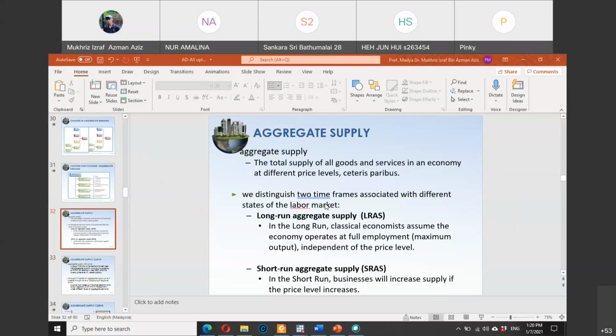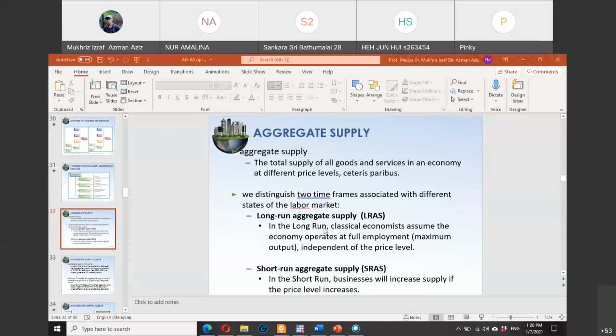But for the supply curve, we need to distinguish which one is the short run curve and which one is the long run curve. What is the shape of the supply curve in the short run, and what is the shape in the long run?